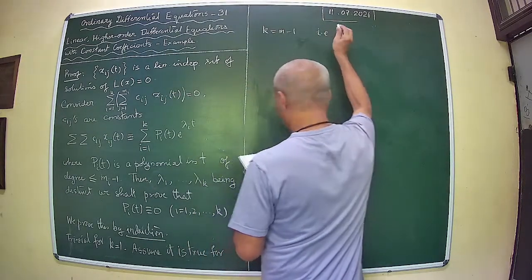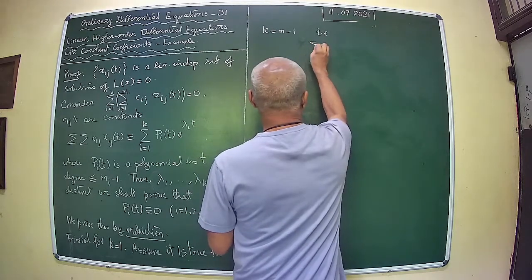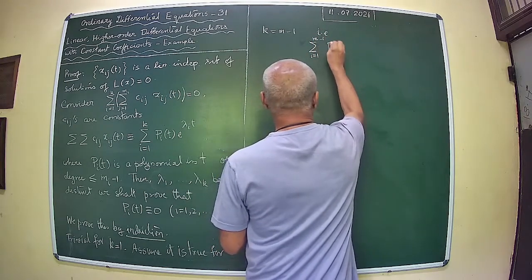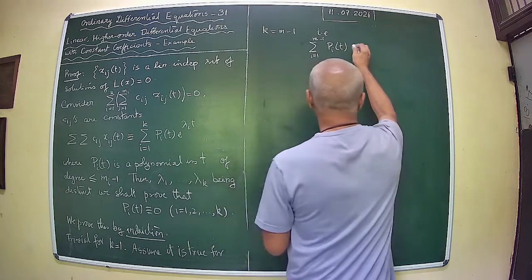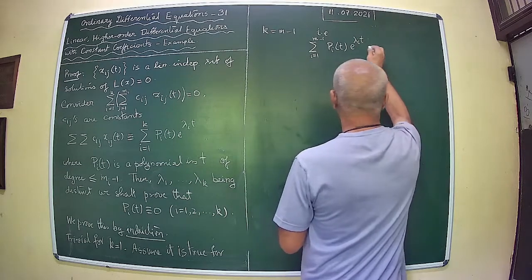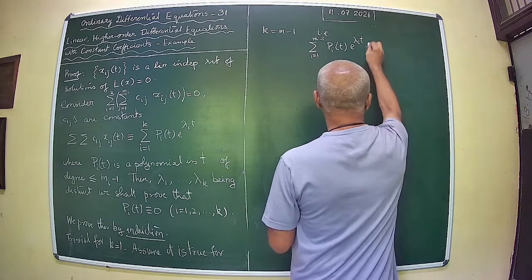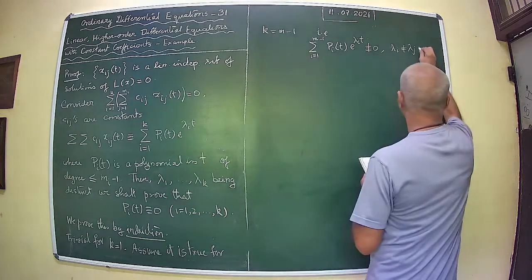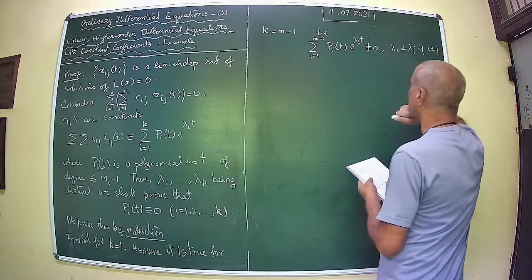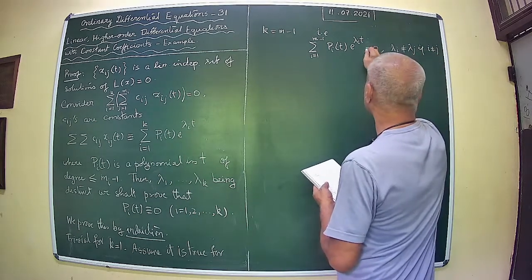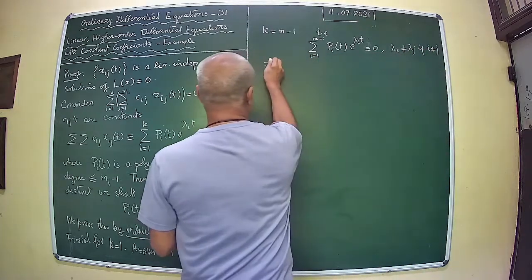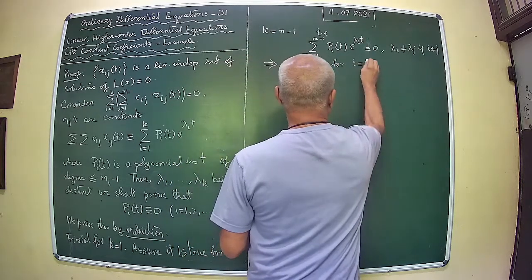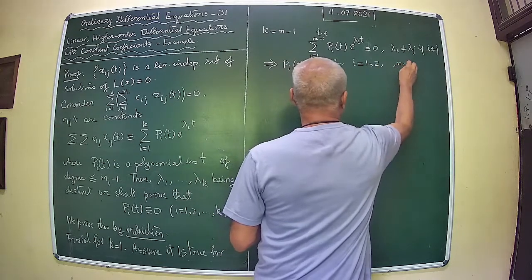That is, sum over i equal to 1 to m minus 1 equal to 0 implies, but these are polynomials.